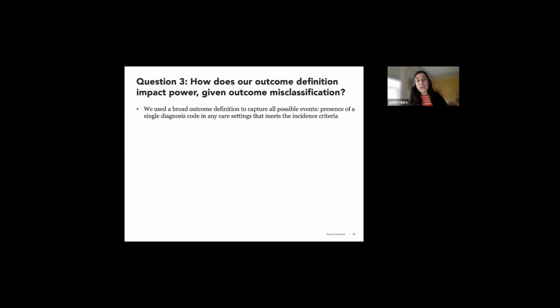What we have been using is the presence of a single diagnostic code in any care setting that meets its appropriate incidence criteria, which is different for pregnancy studies versus non-pregnancy studies, but the bottom line is we don't want to double count. So we require there to be some incidence. What we wanted to think about was, do we require a single outcome in any setting, or would we routinely want to require 2 outcomes within a given time frame?